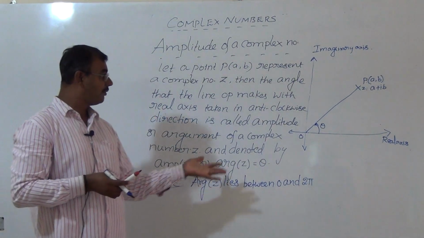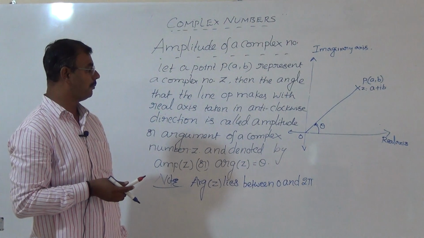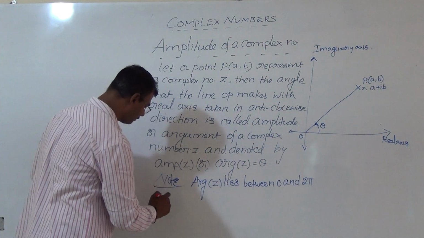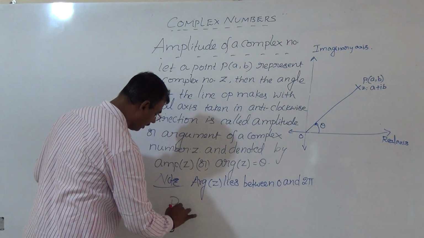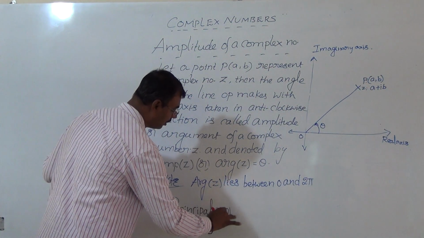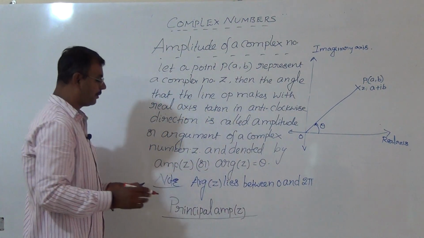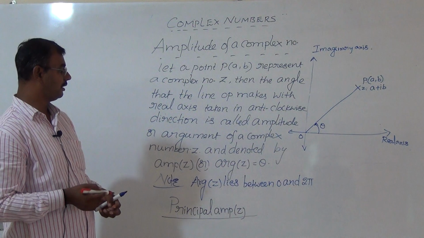But how to define the principal amplitude of z? This is very important. What is the principal value of the amplitude of z?